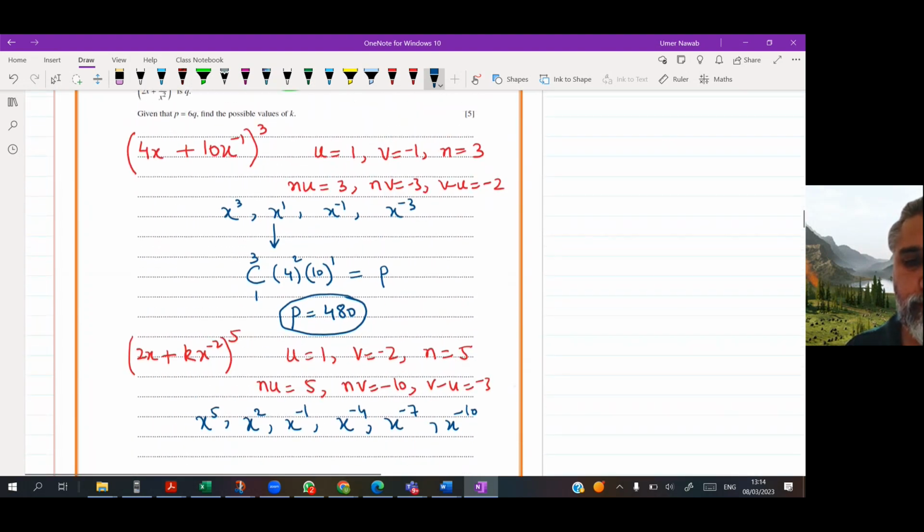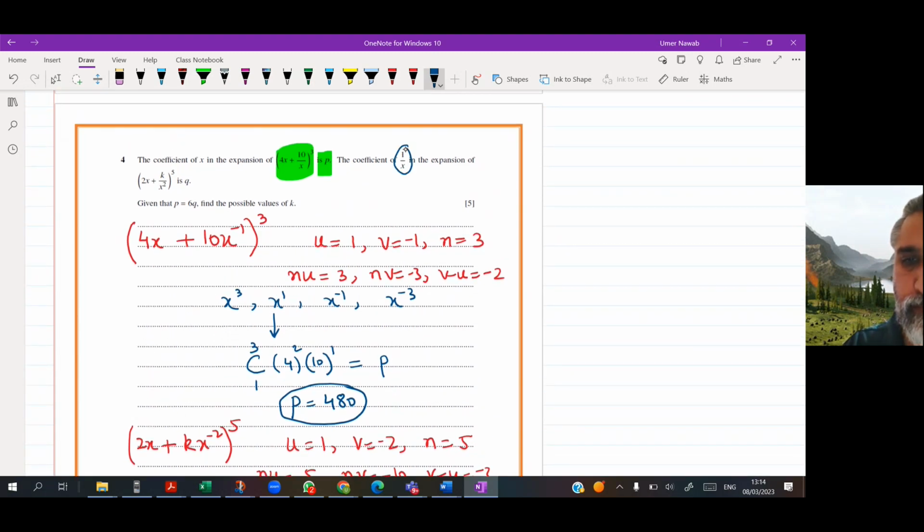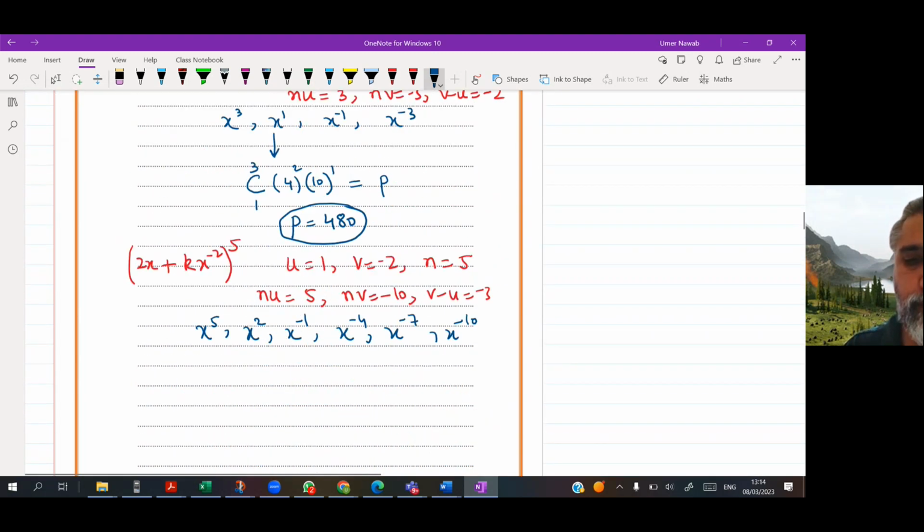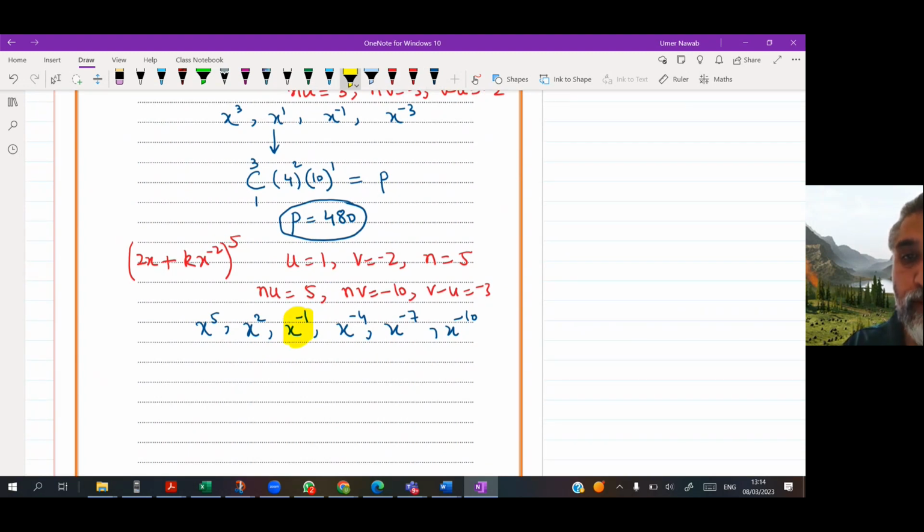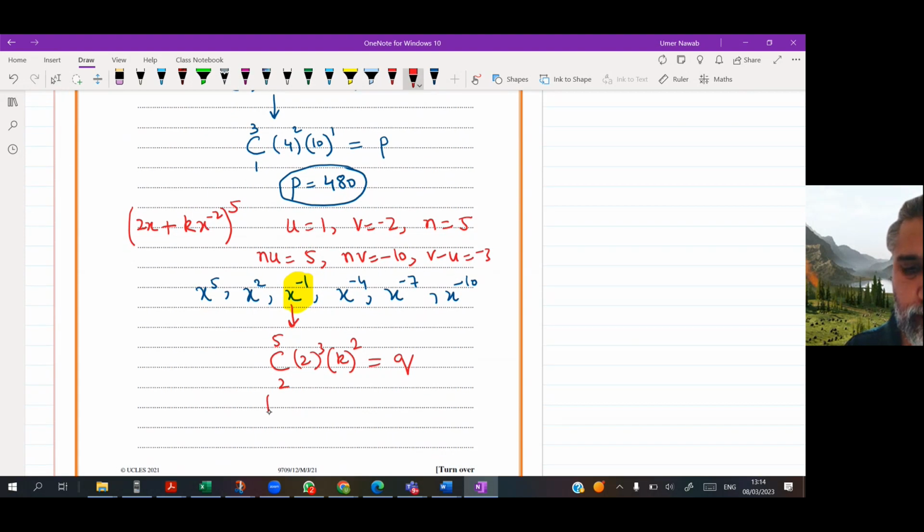I'm looking for minus 1, which is this: 5c2 times 2 cubed times k squared. We said it is equal to q. 5c2 is 10, and this is 8, and this k squared is equal to q. It gives you q equals 80 k squared.